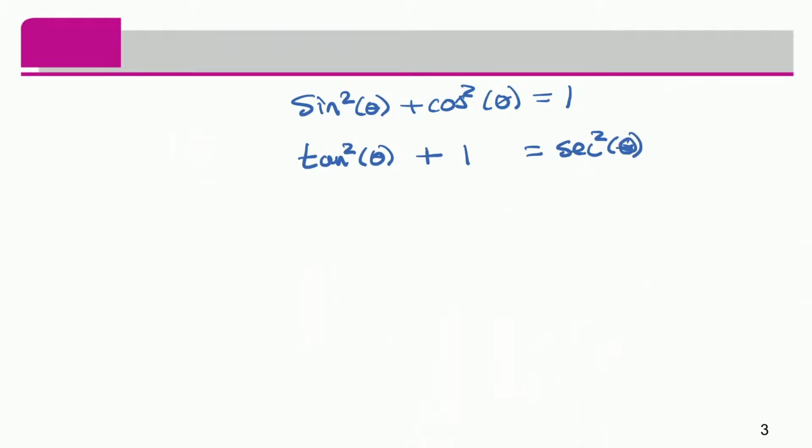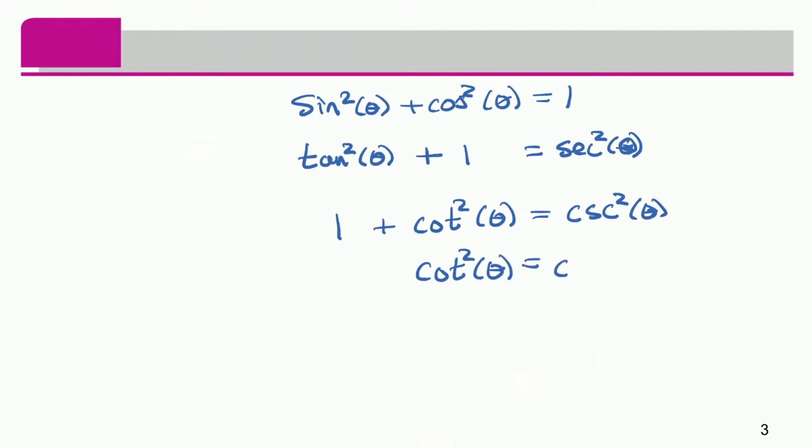And then if instead you divided them all by sine squared, you would have 1 plus cotangent squared is equal to cosecant squared. 1 over sine is cosecant. That's the one I'm going to use. In particular, cotangent squared is cosecant squared minus 1.